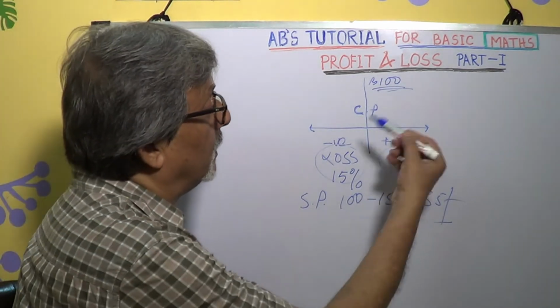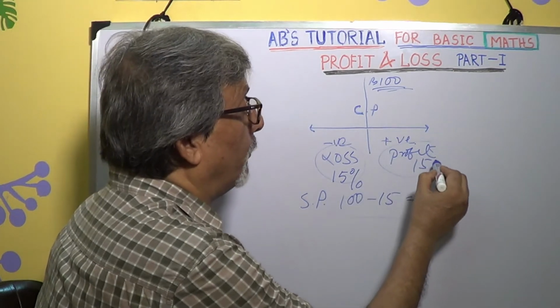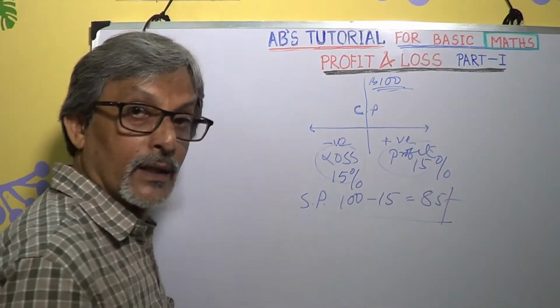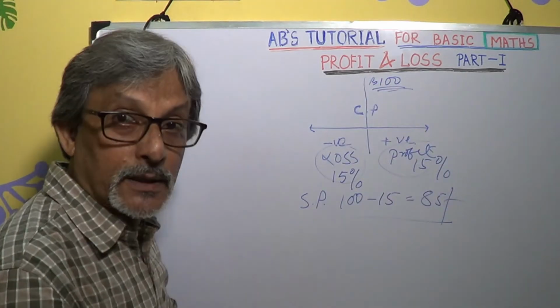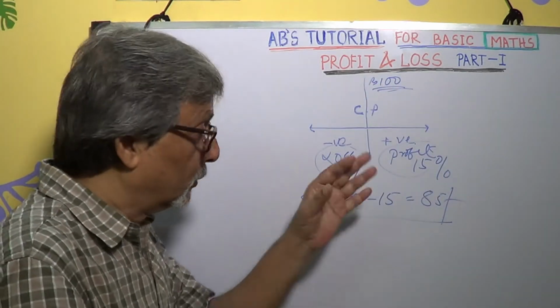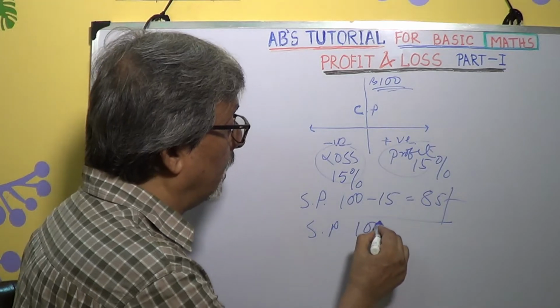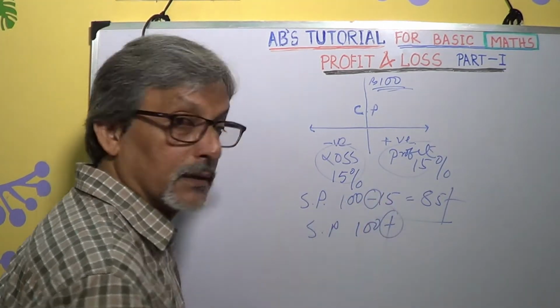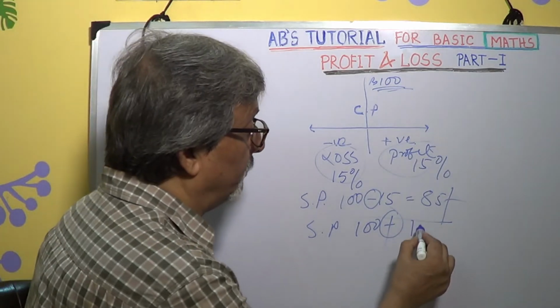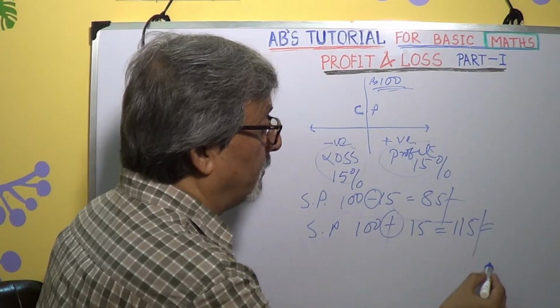Now you see that this is 15% profit. As the profit is also measured as a percentage on cost price, the selling price in the case of profit will be 100 plus 15, here it is minus, here it is plus. So 100 plus 15, this means 115 rupees.